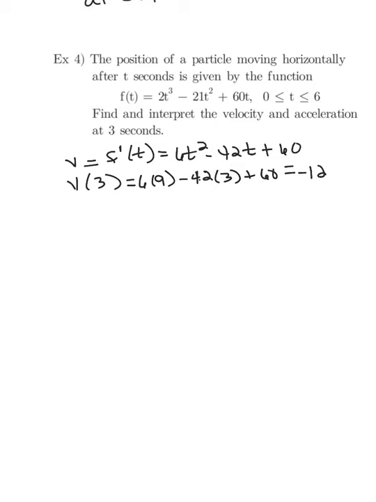We know that the time is being measured in seconds, but we don't know how our distance is being measured. So it's difficult to put a label on this one. What we do know, though, because it is negative 12, is that the particle is moving in the negative direction.